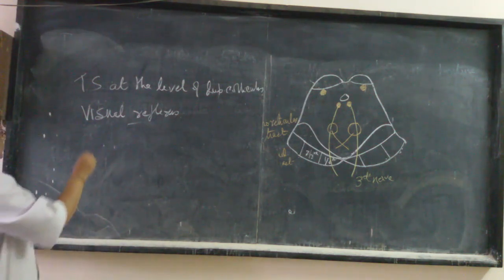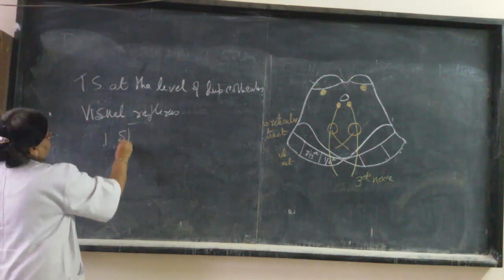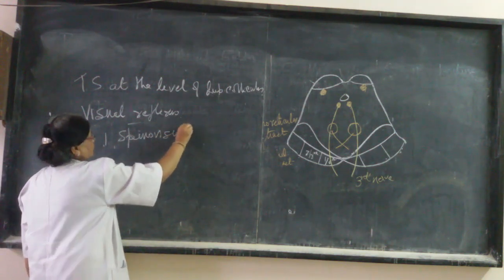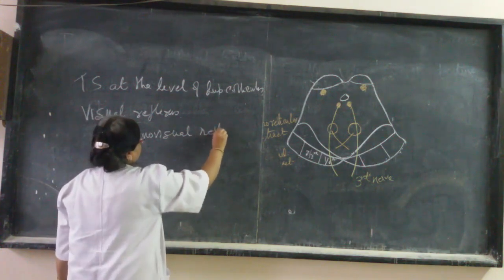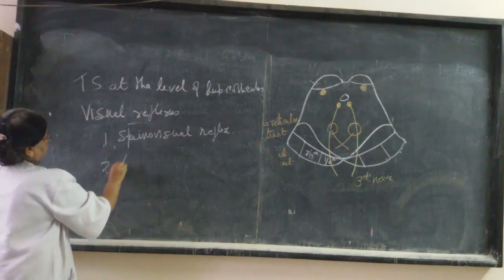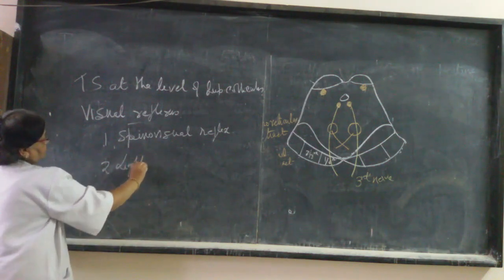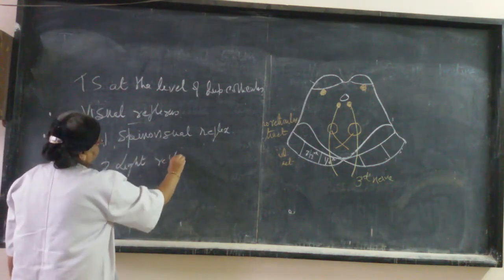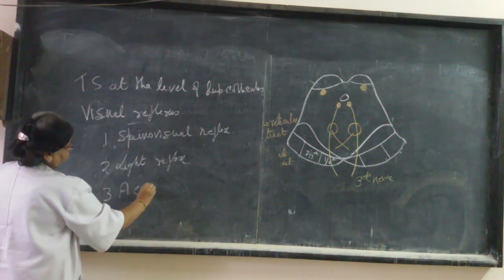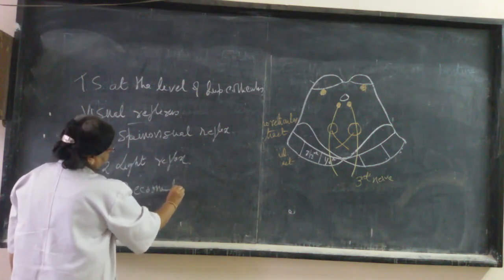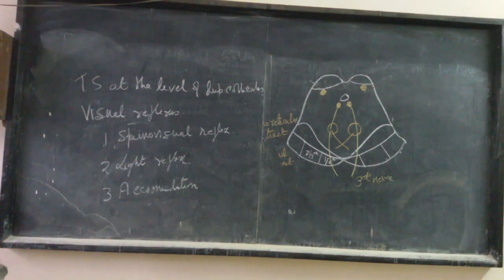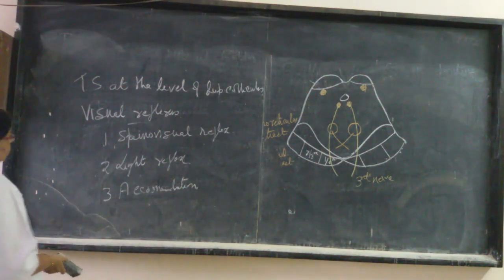There are three types of visual reflexes: the spino-visual reflex, light reflex, and accommodation reflex. We know about the spino-visual reflex.